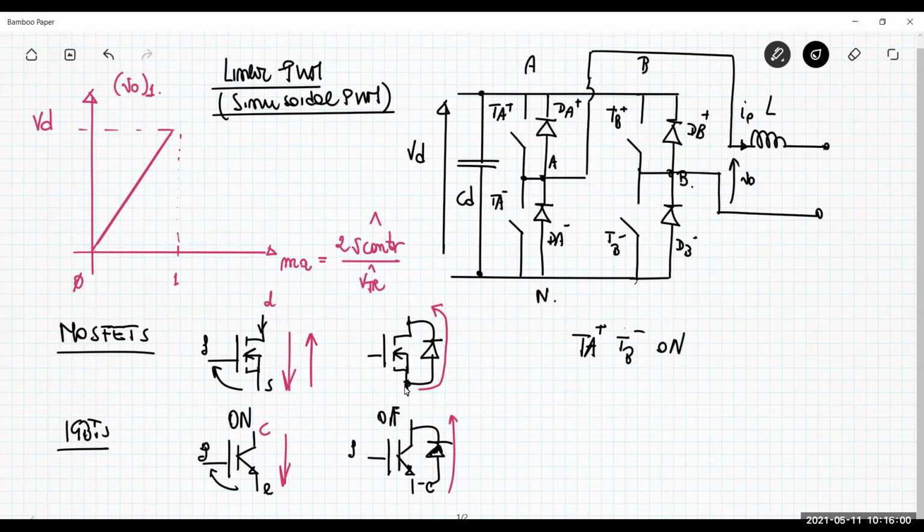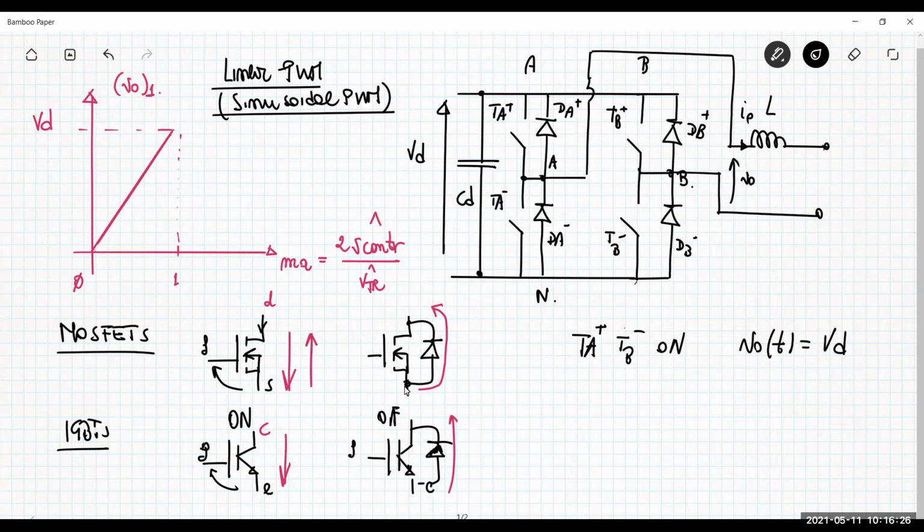In that specific configuration of the switch, the output voltage V naught is equal to VD. This is the state of the transistors, by which they are on or off. This is not the conduction state. So it gives us no information about which devices are practically conducting the current.